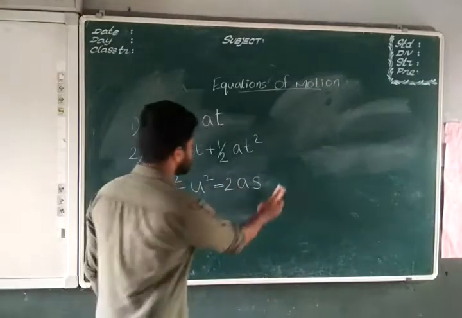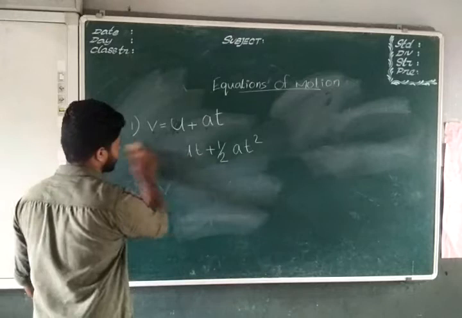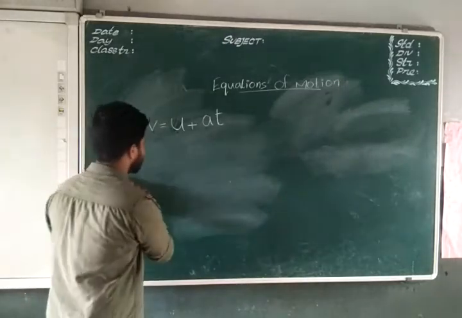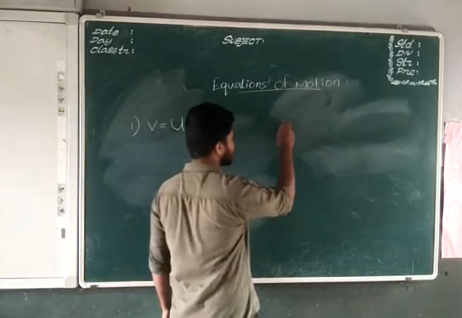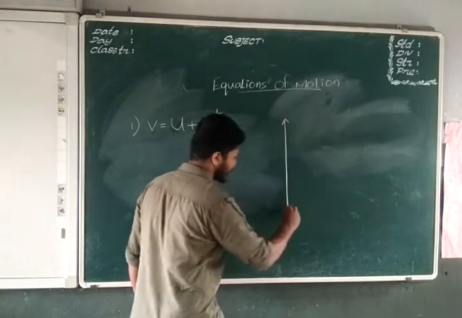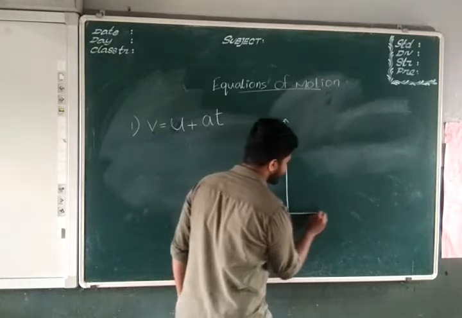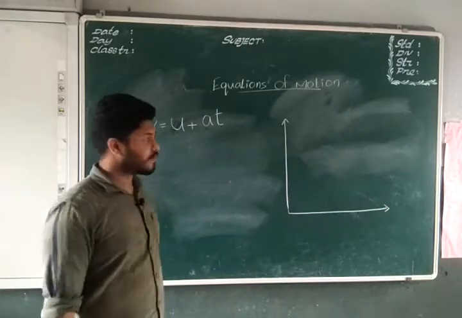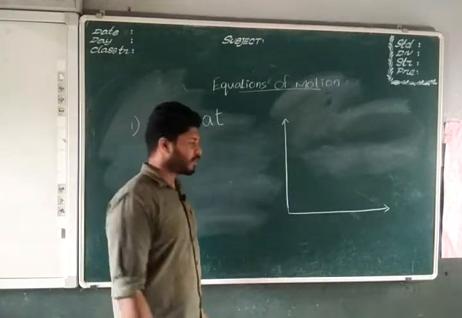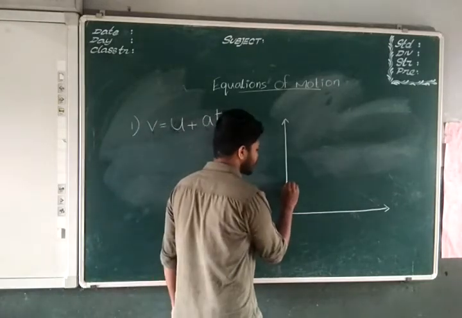Now let me rub this. So we are proving the first equation. For that, let us consider a body moving with initial velocity U. So it is not starting from 0.